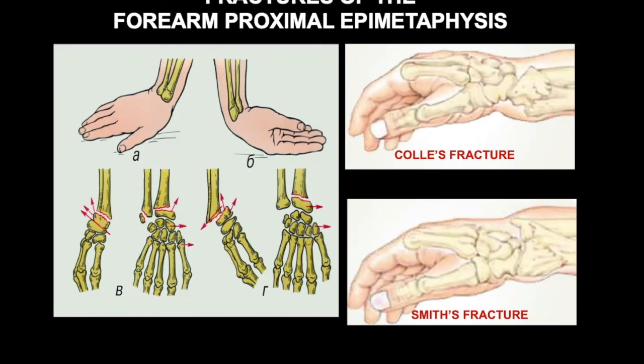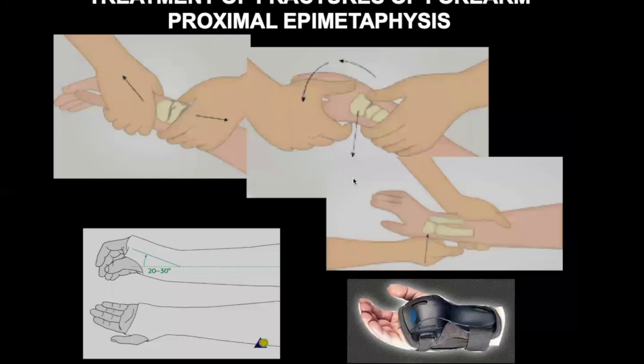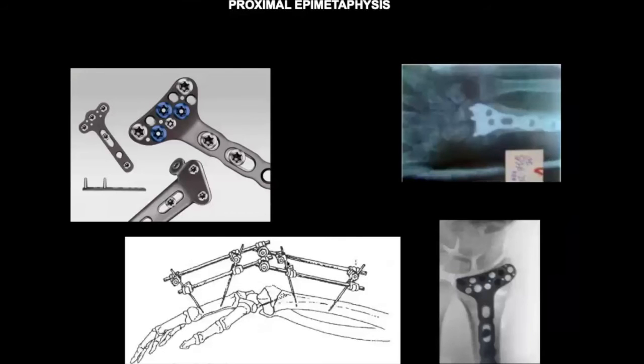Even with dislocation, these fractures could be treated very well without operation by closed reduction and a plaster cast. But when you have an intra-articular fracture with 3 or more parts, it's much better to provide surgery, plating or extrafocal osteosynthesis. Like this. These are plates for it, and extrafocal osteosynthesis.